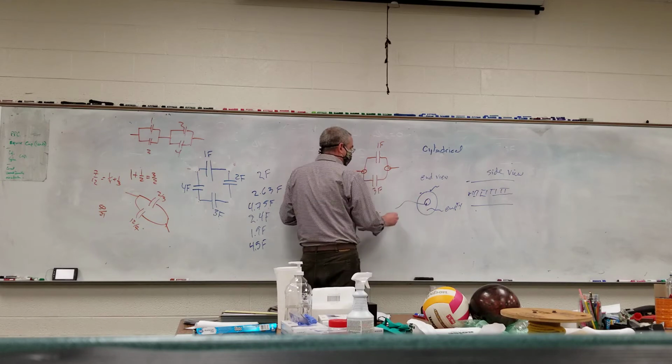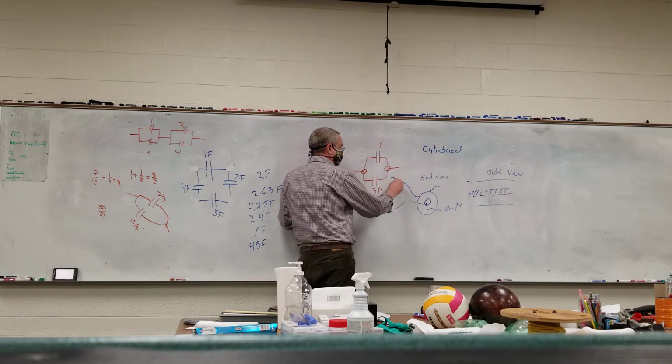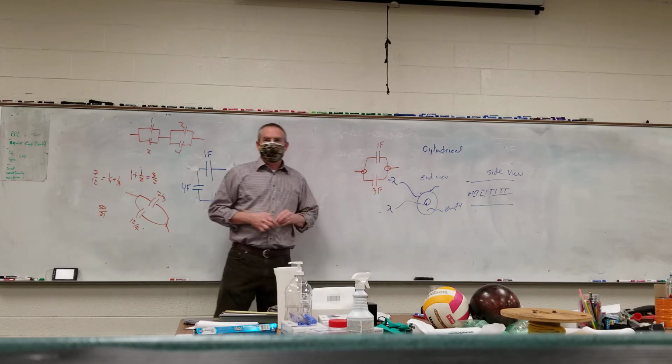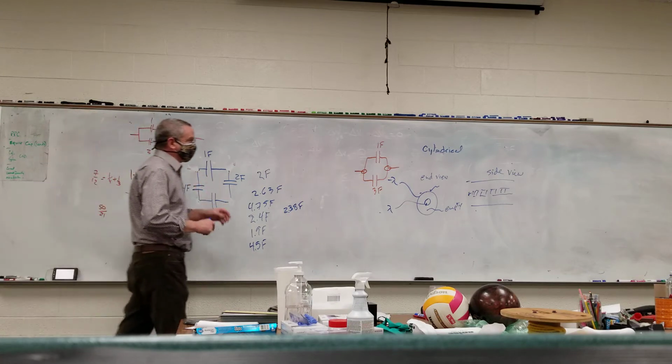We will assume that the inside has a linear charge density of sigma, and the outer one has a linear charge density of negative sigma. Again, it's a capacitor. We do want the similar charge on both, just one's negative, one's positive.